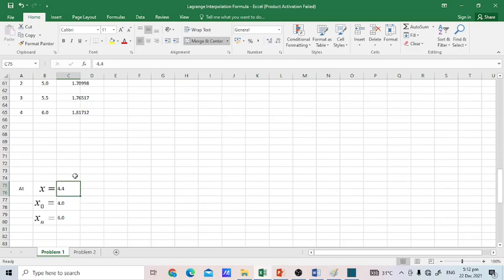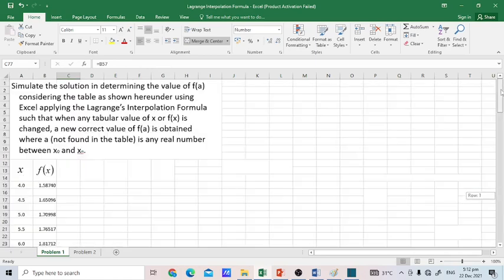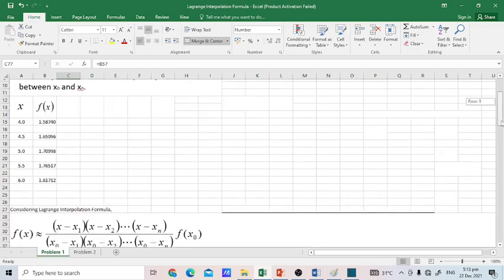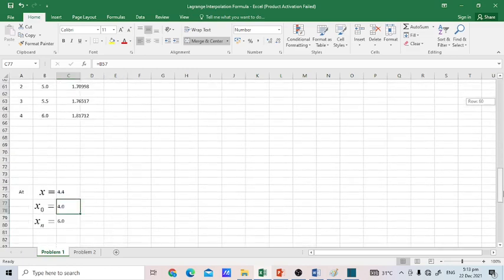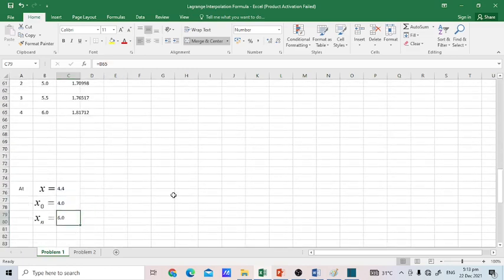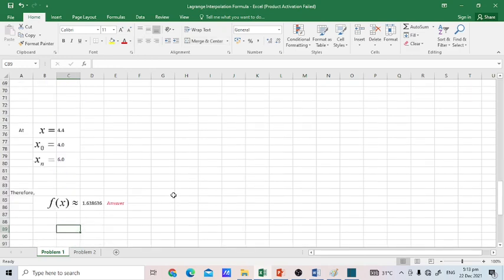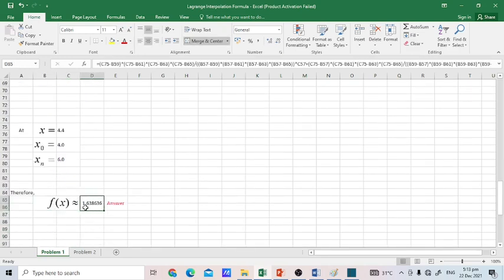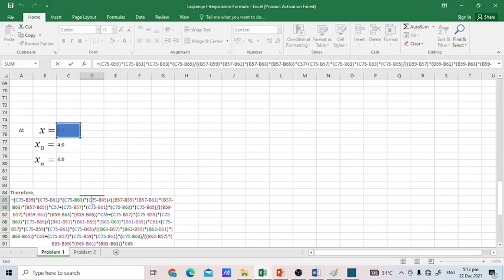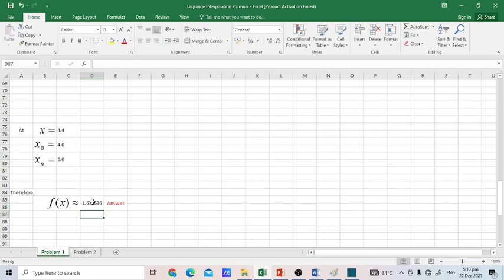In this case, x sub 0 is 4 and x sub n is 6. Then I apply the Lagrange formula. Here's how I simulated it.